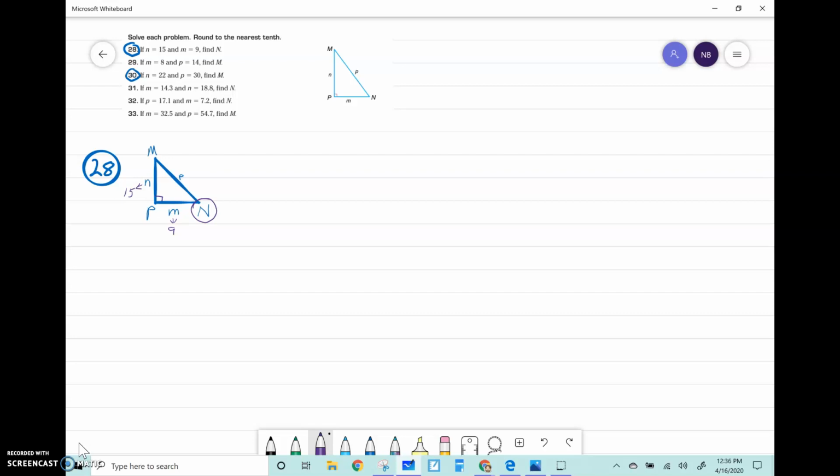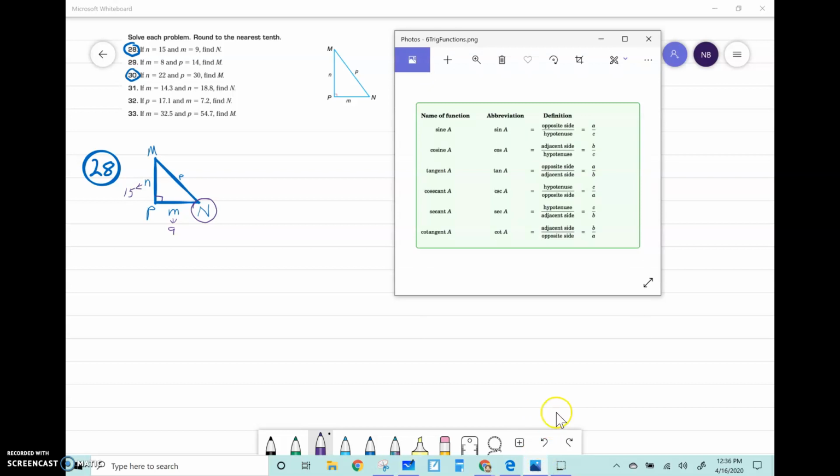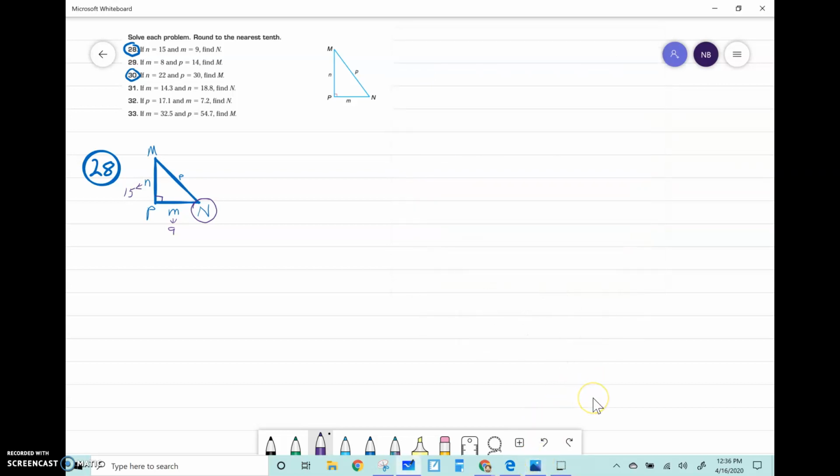A few things you can do: we could use the Pythagorean theorem and solve for side P, and then pick the function we want. Or we can pull up our chart and look at what we have for angle N. Angle N right here shows that M is the adjacent side and N is the opposite side.